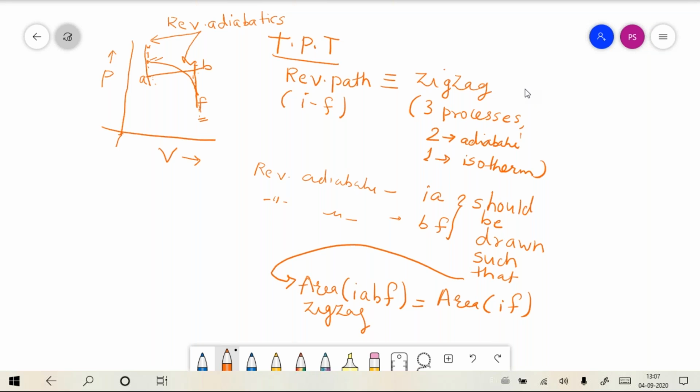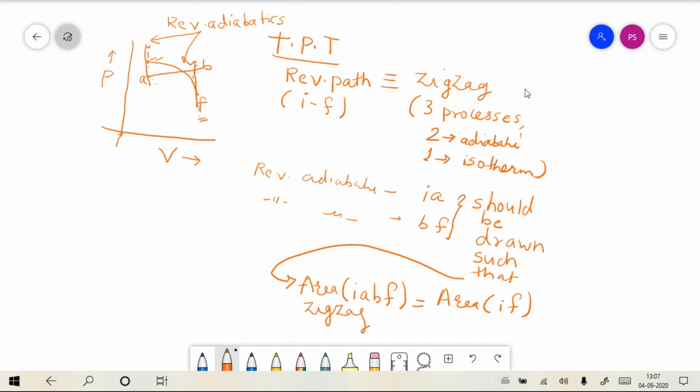One process is a reversible adiabatic, that is I to A, followed by a reversible isotherm, which is A to B, and the third process is again a reversible adiabatic, which is B to F.